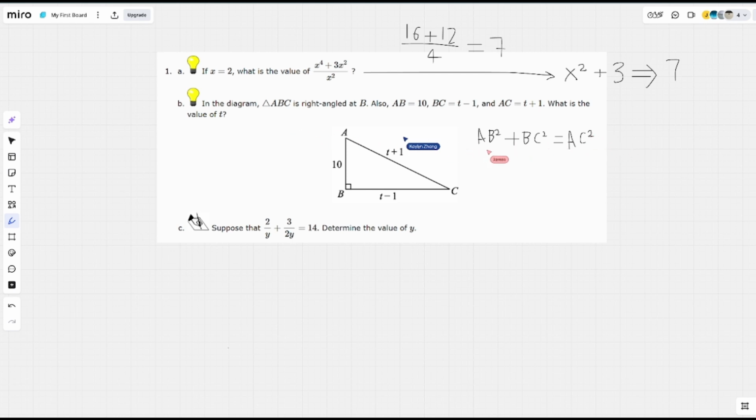If you plug in the values you're given, 100, which is 10 squared, plus (t minus 1) squared, that is t squared minus 2t plus 1, is equal to t squared plus 2t plus 1.